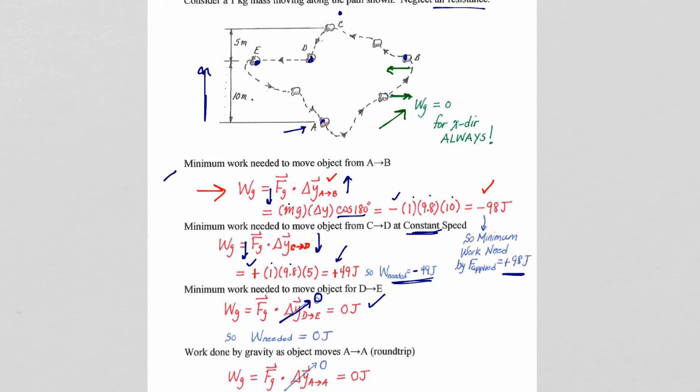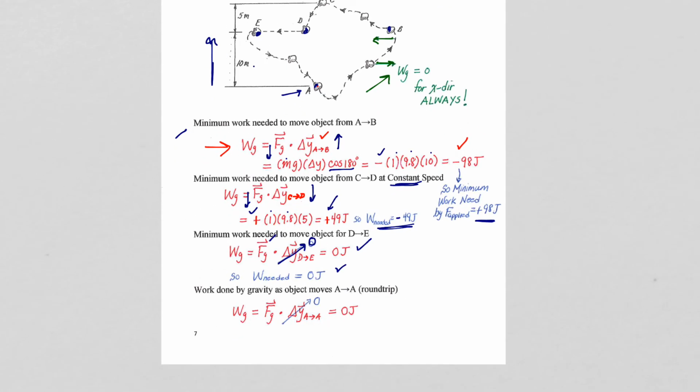Remember, we said the force needed would be 0.00000000001, a smidge, but we say 0 is the number we use for our answers, and so the work needed is 0 joules.